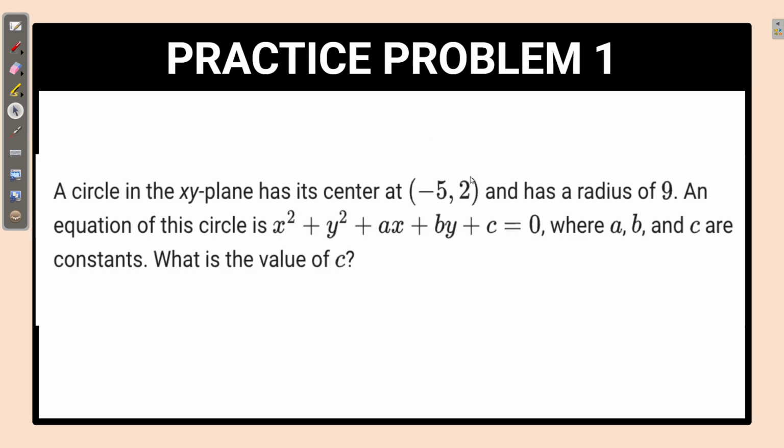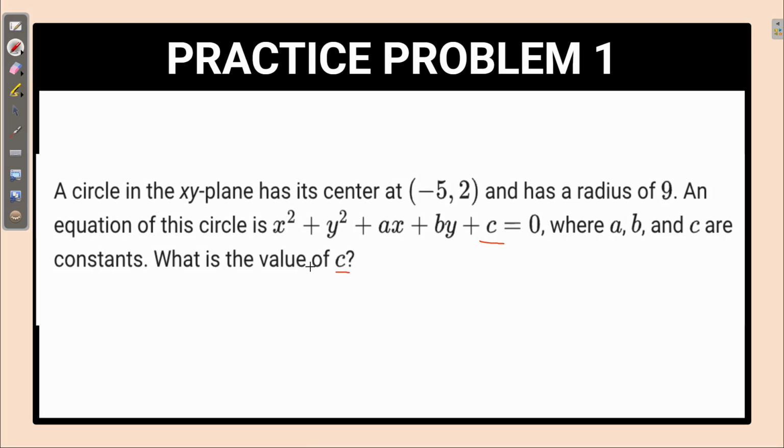So here we have a question. I guess the other question could go first. It's a little bit easier than this one, but this one is a bit more challenging, which I feel can be more helpful to your understanding. So we have a circle, and it gives the center and the radius, and it wants us to find the value of c in our equation of the circle.